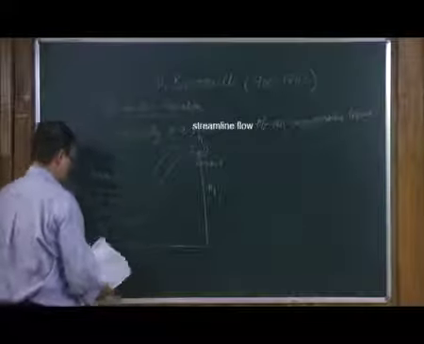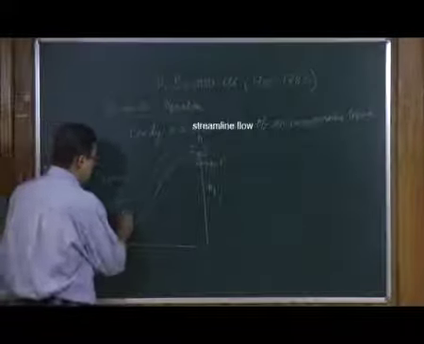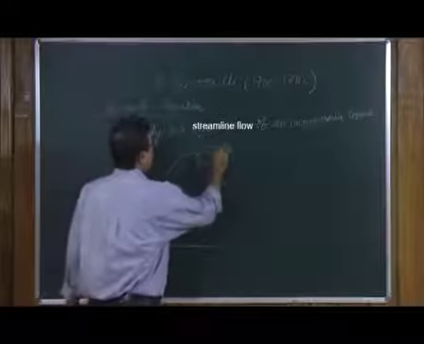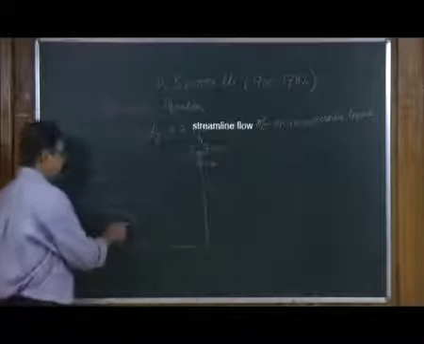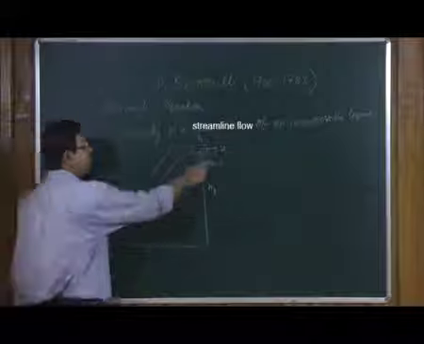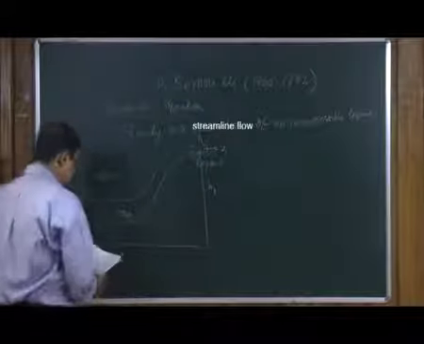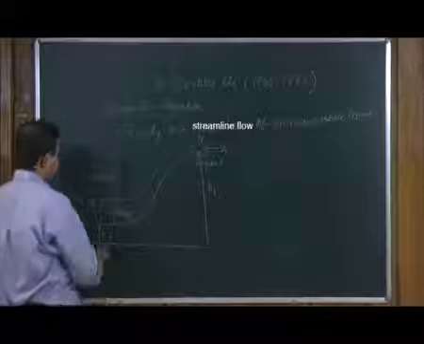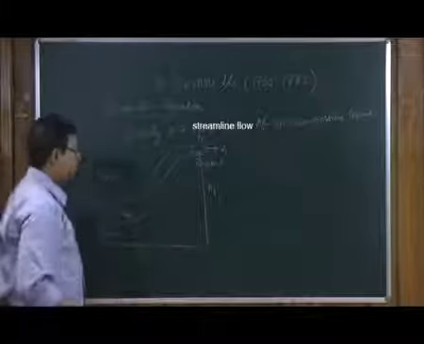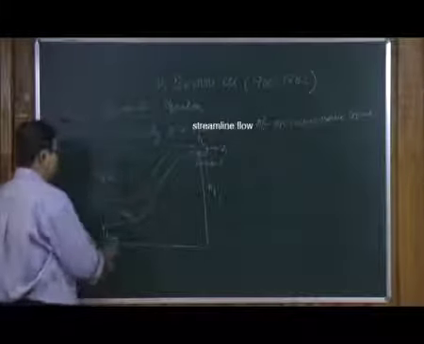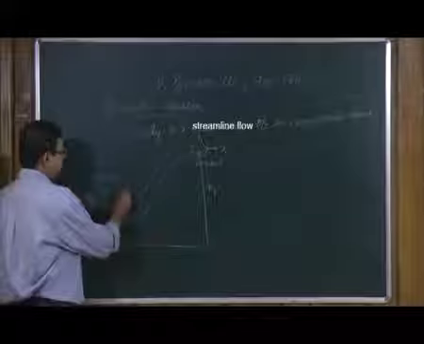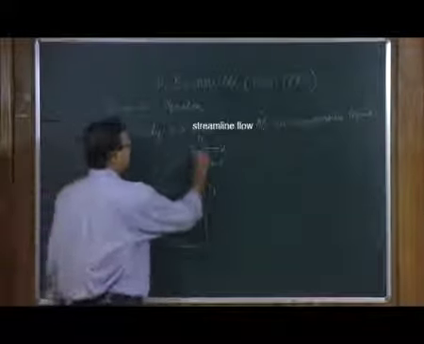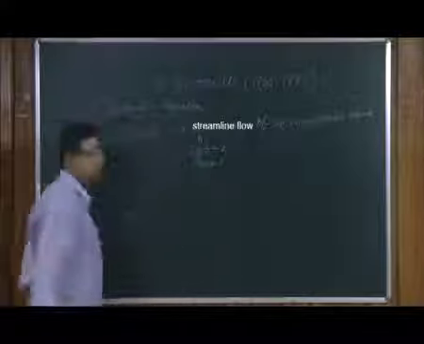The fluid is moving upstream. The velocity of flow is in this direction here and in this direction here, which are respectively V2 in region 2 and V1 in region 1. The areas of cross section are different: let the area of cross section be A2 here and A1 here.